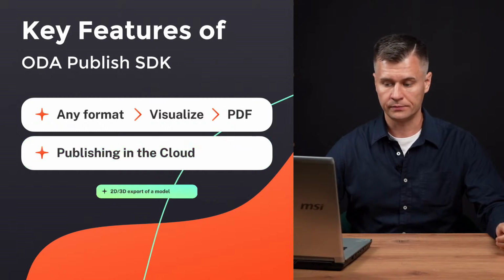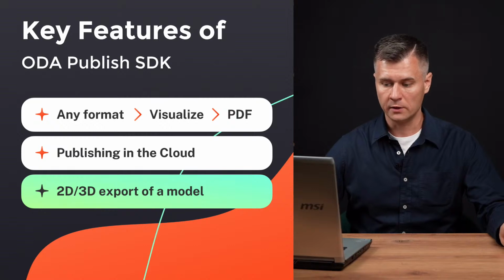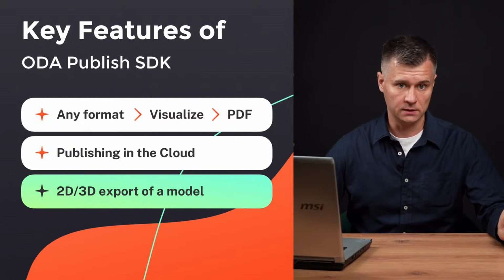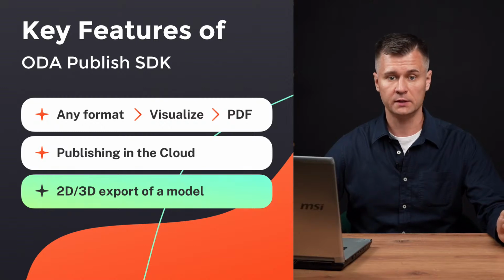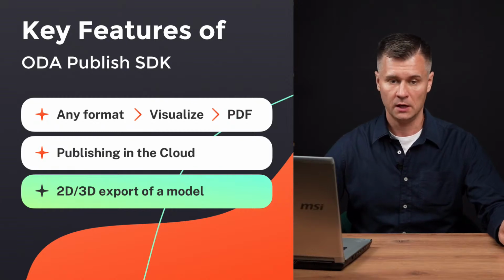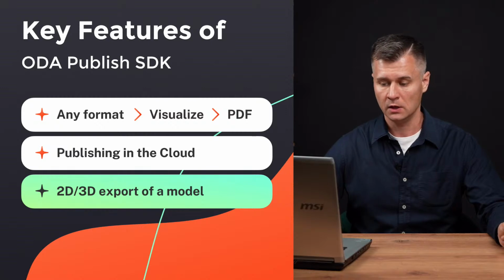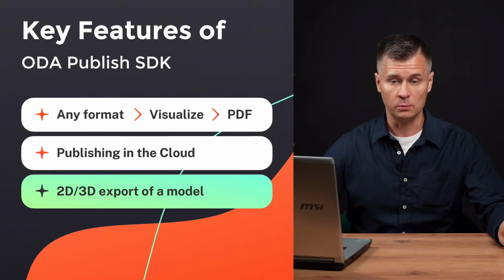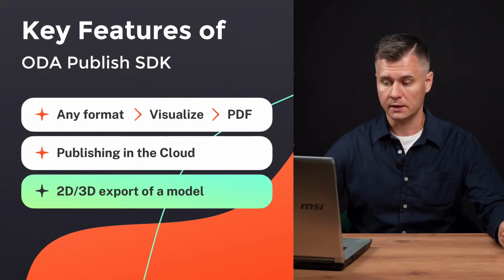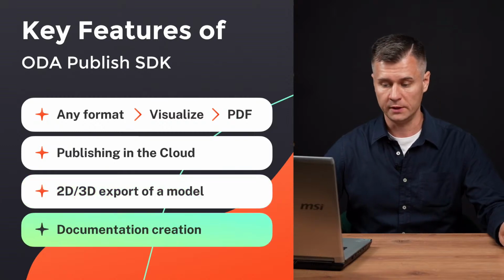Next item. A more accurate way is direct publishing from an ODE product to PDF, without an intermediate Visualize database or Visualize representation. The key advantage of this way of exporting is more accurate processing of the particular format details, and it can be used in any ODE product to publish to 2D or 3D PDF.